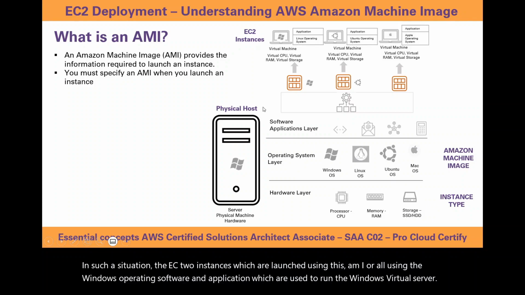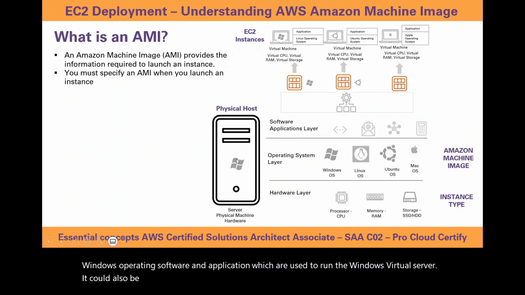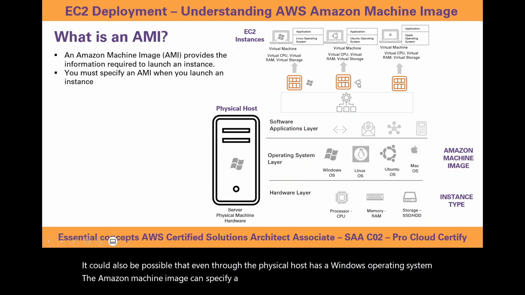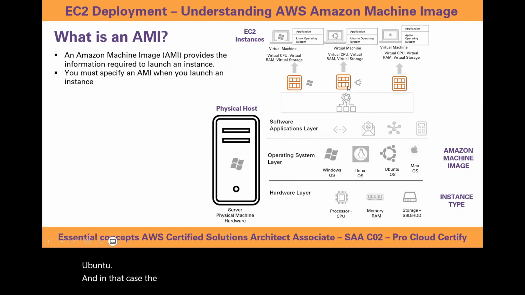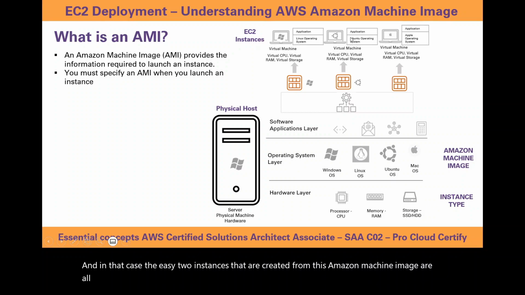It could also be possible that even though the physical host has a Windows operating system, the Amazon Machine Image can specify a different operating system to be used, for example Ubuntu. In that case, the EC2 instances created from this Amazon Machine Image are all using the Ubuntu operating system and other application software needed to run the Ubuntu virtual machine.